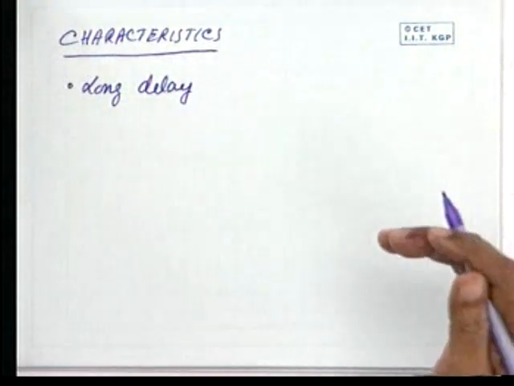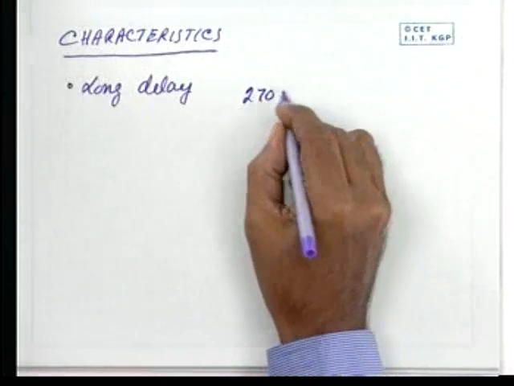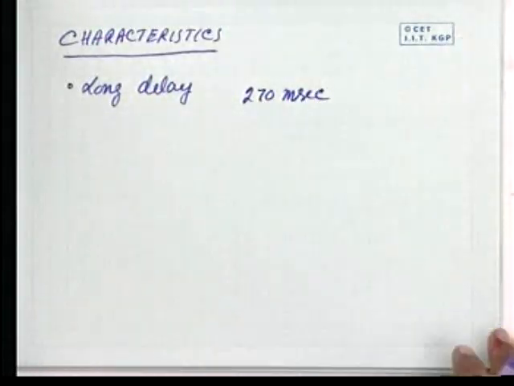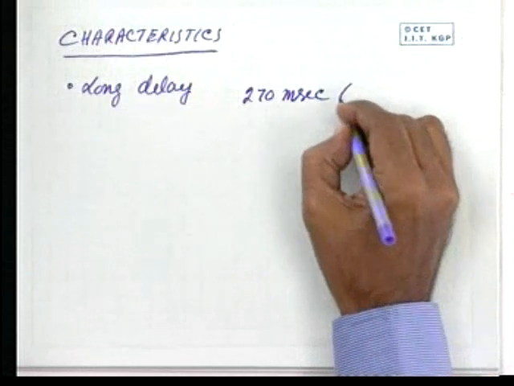As you know, the satellite is located at about 36,000 kilometers above the Earth on a geostationary orbit, and the round trip delay is about 270 milliseconds.